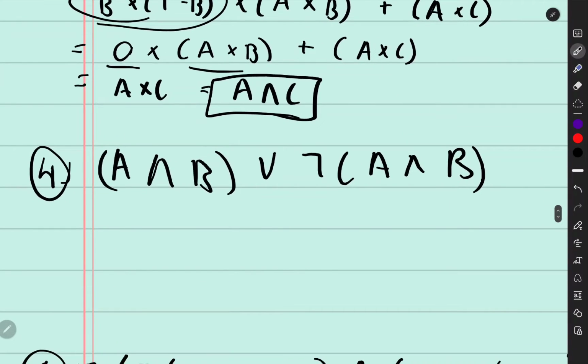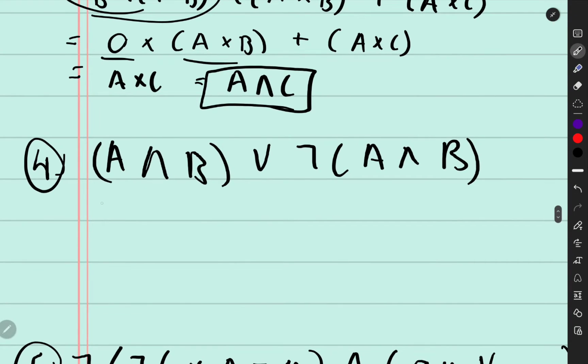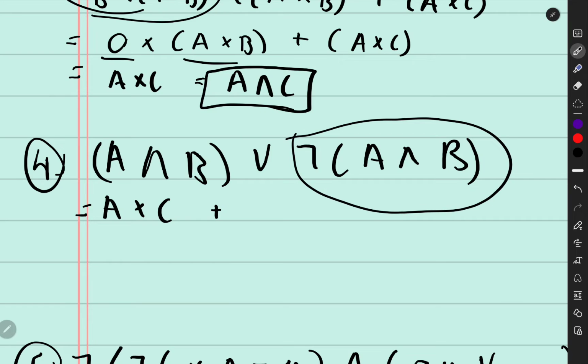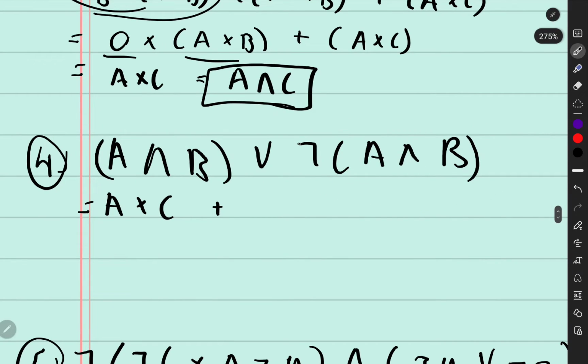Now question 4. Pause and give it a go. Okay, so that's just A times C plus, you see, recognize that this is De Morgan's expression, right? Not A plus not B. So how do we do this one?